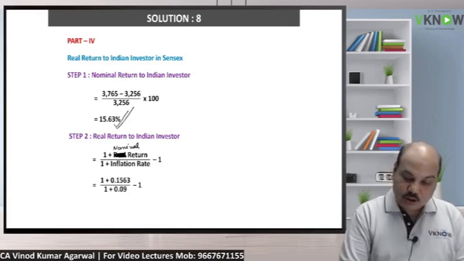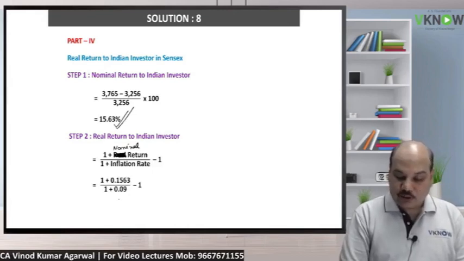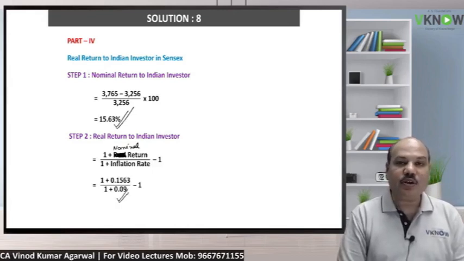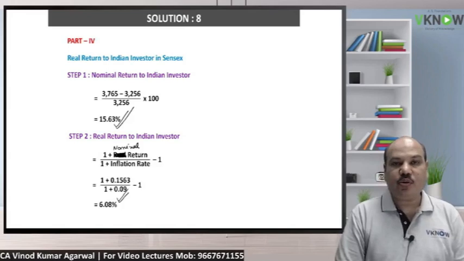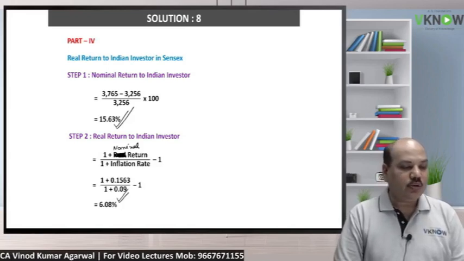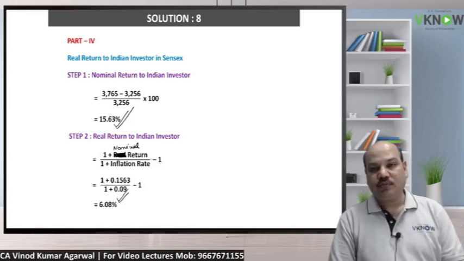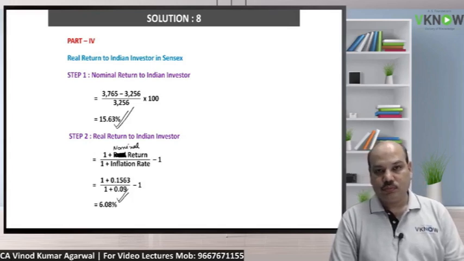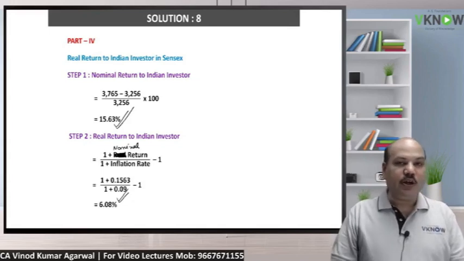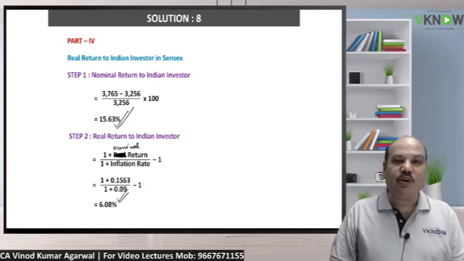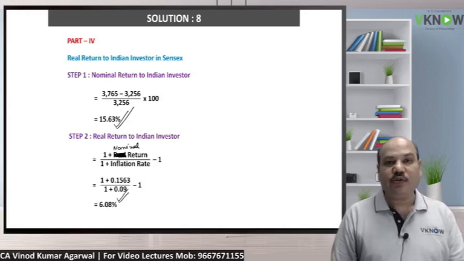This is the nominal return upon 1 plus inflation rate. Inflation rate is 9% in India, minus 1. Solve it. The answer is, check the answer, approximately 6.08%. Are you getting 6.08%? Right. So this is the answer of this very important question. Do it properly, revise it, and it can be asked in your exam.